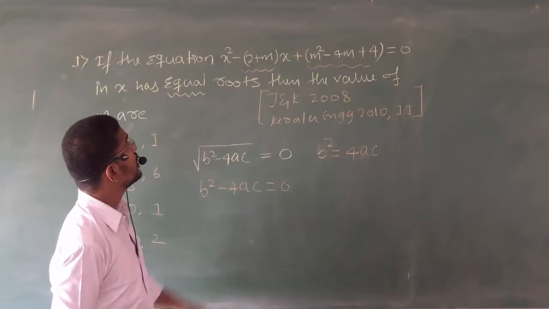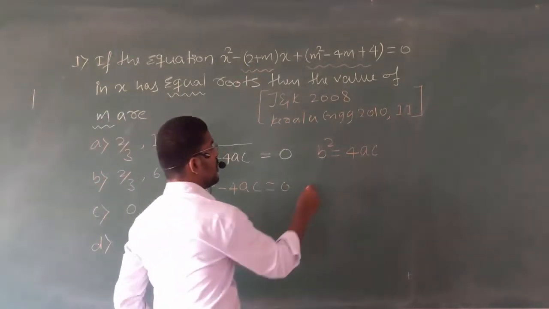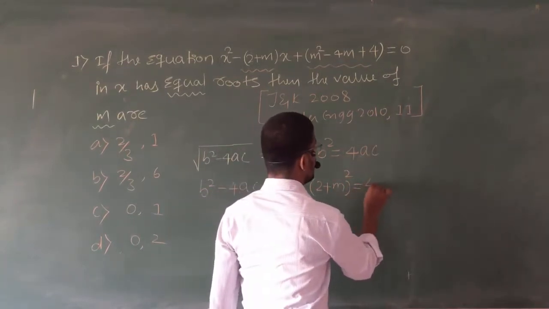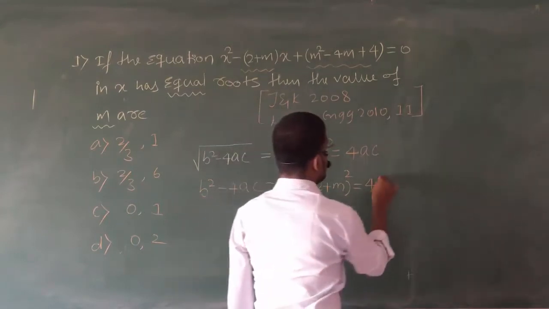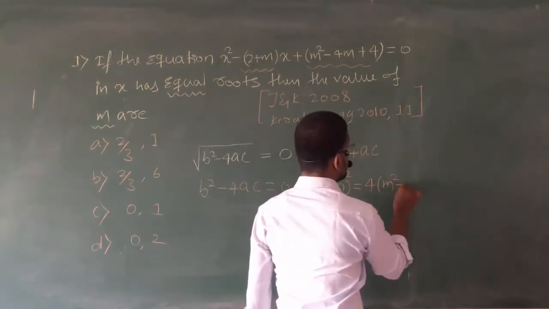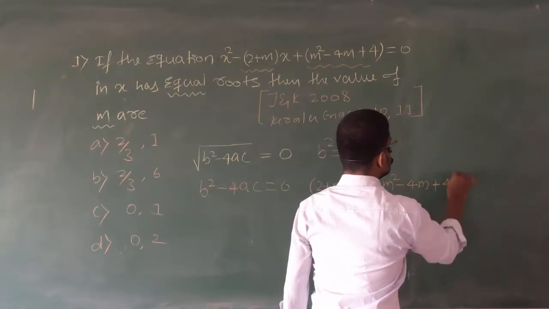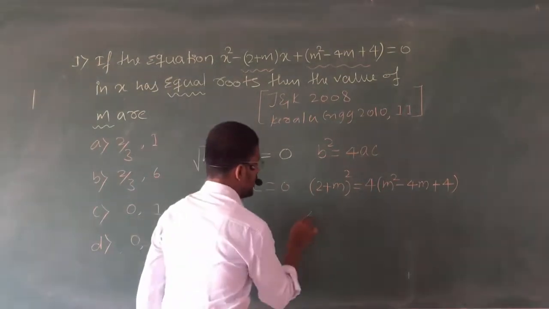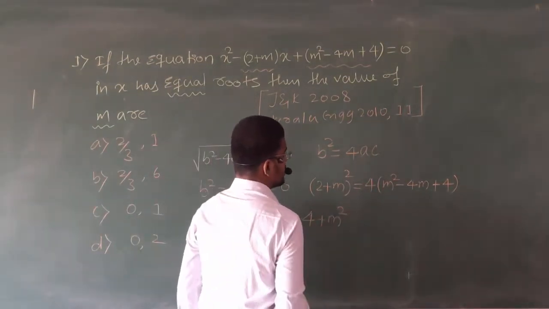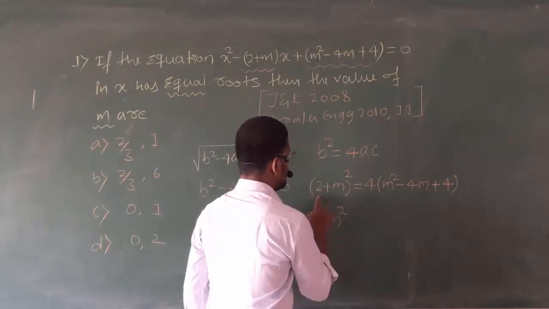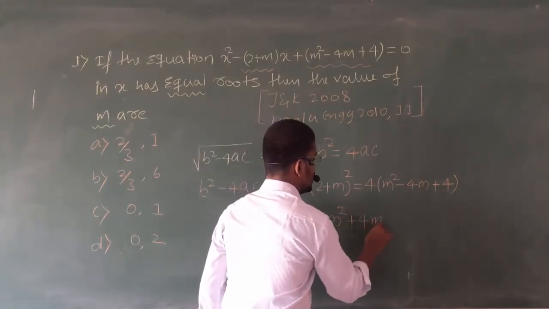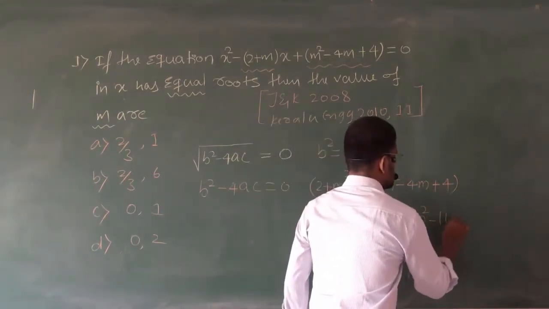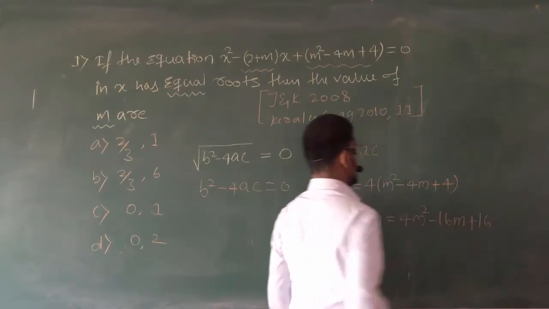Now what is b square? This is b, so (2 plus m) whole square equal to 4 times the a term, which is 1, times the c term, m square minus 4m plus 4. Clear? Now you expand this. What are you going to have? 4 plus m square plus 4m equal to 4m square minus 16m plus 16.